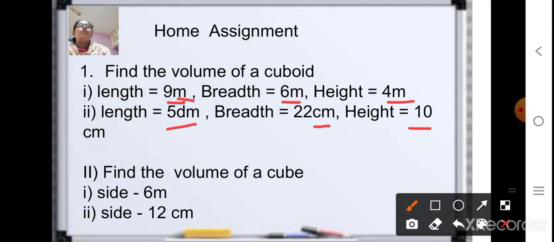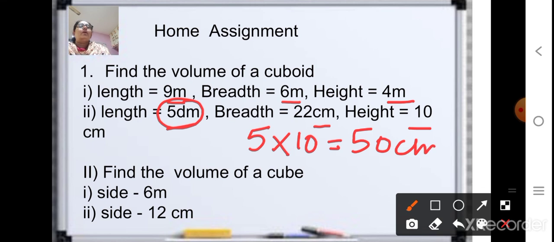Now here children, you have to convert this 5 decimeter to centimeter. So 5 into 10 will be 50 centimeter. So length will be 50 centimeter. So to find the volume of the cuboid, it is 50 centimeter into 22 into 10.